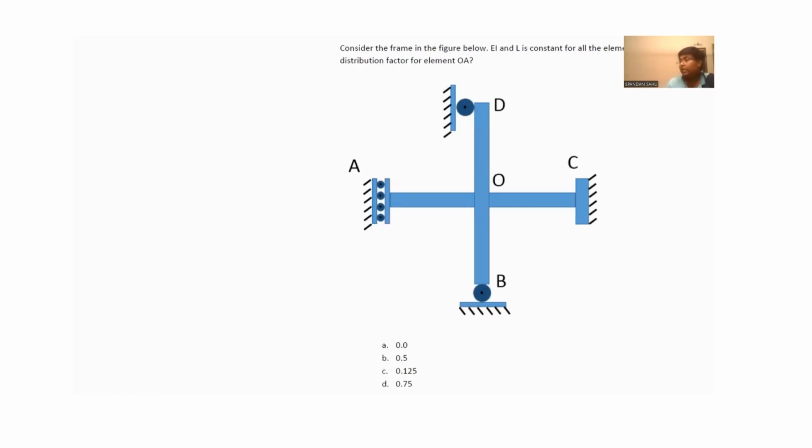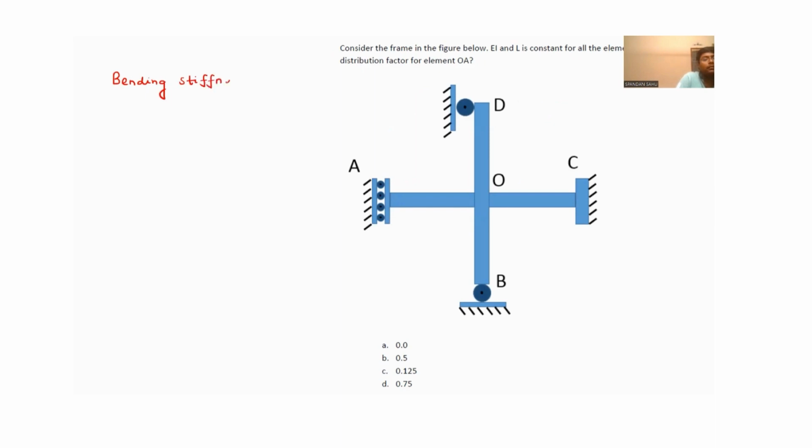Now, do this question. Distribution factor for OA, where EI is constant.